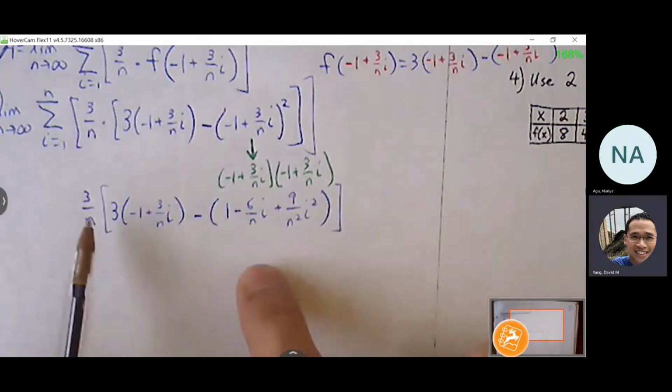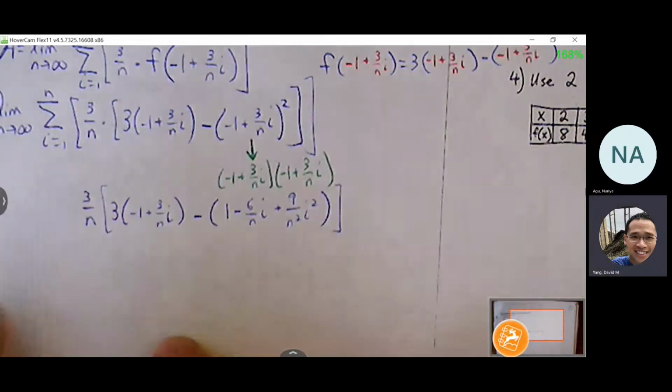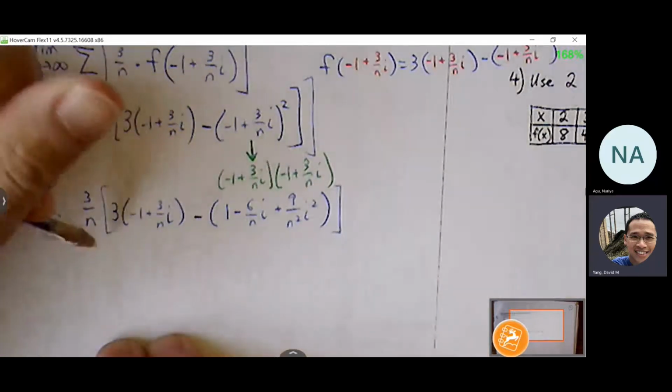Okay, distribute the negative through, distribute the 3 through. All this time, just have to remember that we still have to worry about this width down the line.